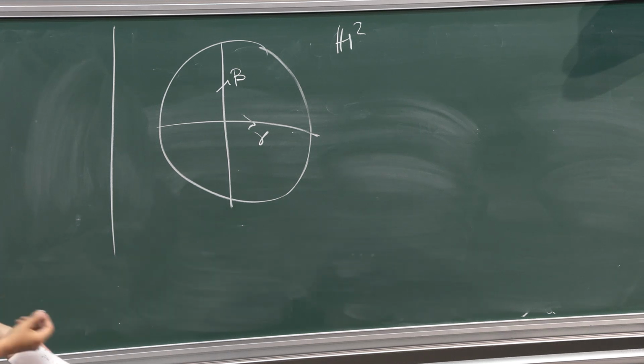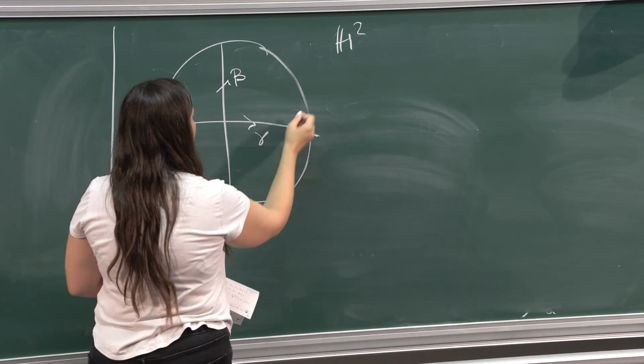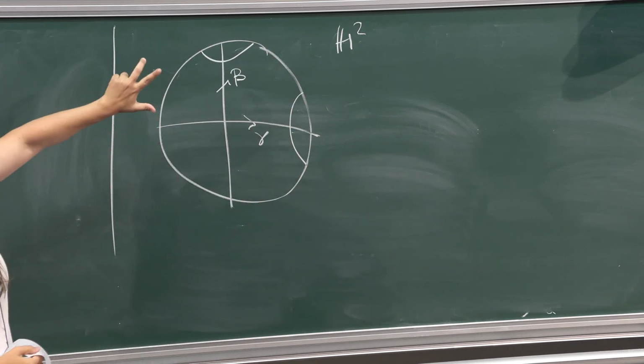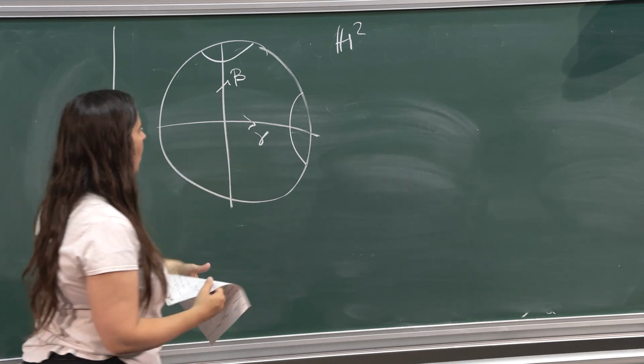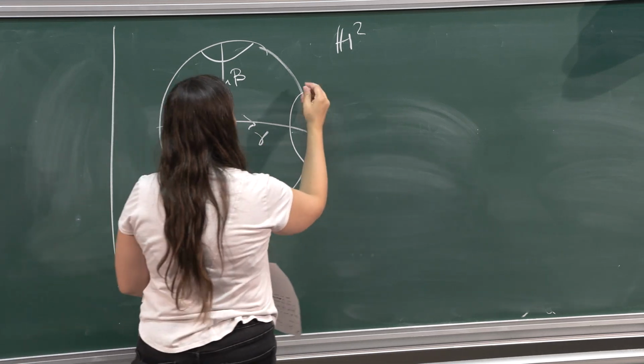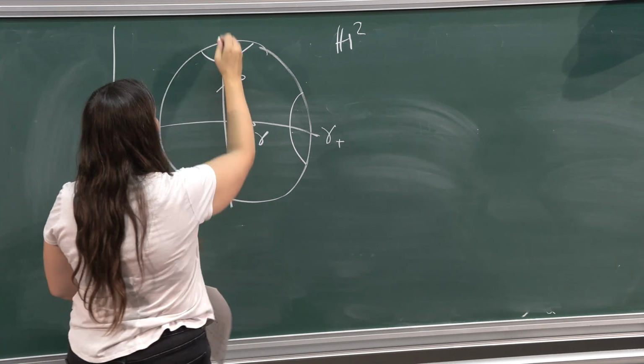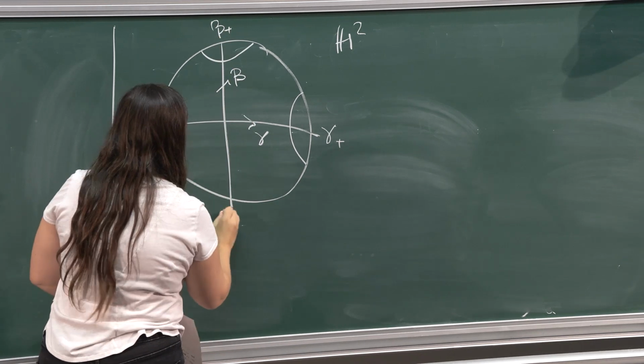And now you can check using hyperbolic geometry that I'll always have this configuration here. Since I have a hyperbolic structure, I know that gamma of beta plus, so this is gamma plus, and this is gamma minus, this is beta plus, and this is beta minus.